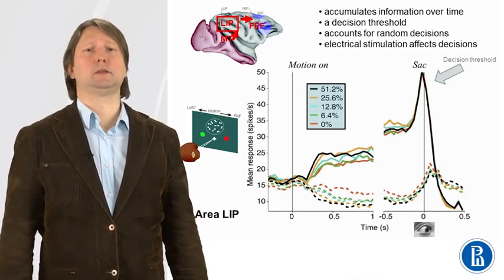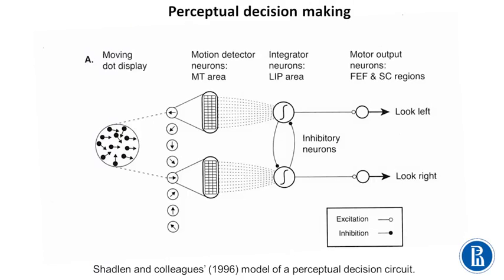We can summarize it in this graph. First, motion information is projected to our retina. Next, our motion detectors in the area MT that are sensitive to particular motion are activated. The information from the motion detectors is collected by integrators, the decision-making neurons that accumulate information over time and at the same time inhibit alternative decisions through inhibitory neurons.